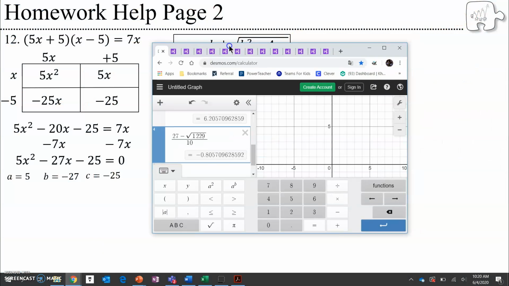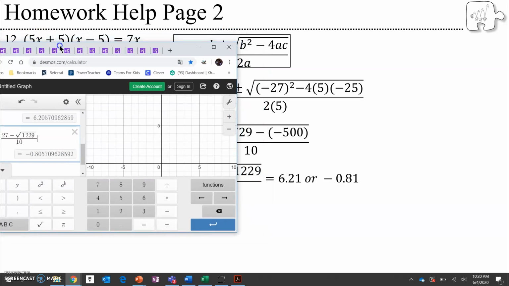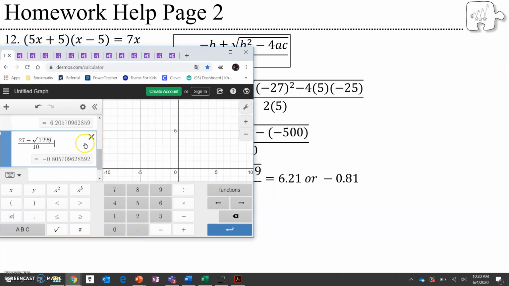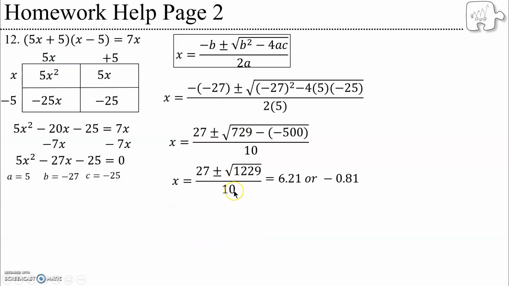We see here that when we round our two answers, this becomes 6.21, this becomes negative 0.81. And we have our answers.